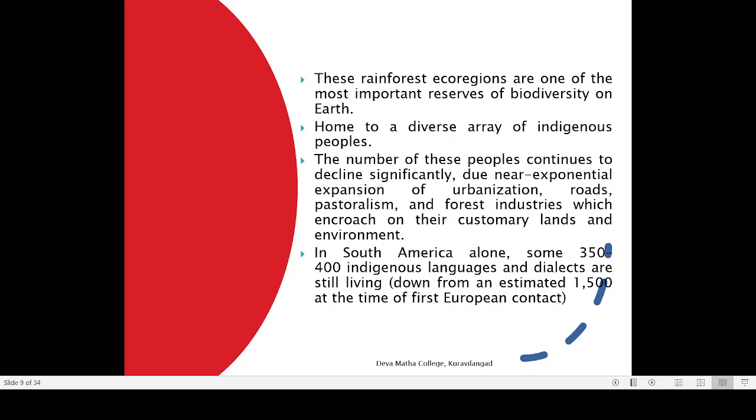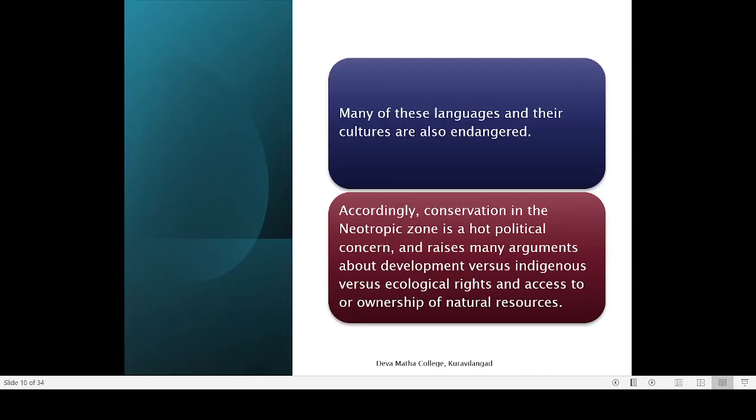They are a strong group, a strong lobby, and sometimes mafia groups also, and they are always in conflict with the tribal people. So this is the problem that South America is right now facing.